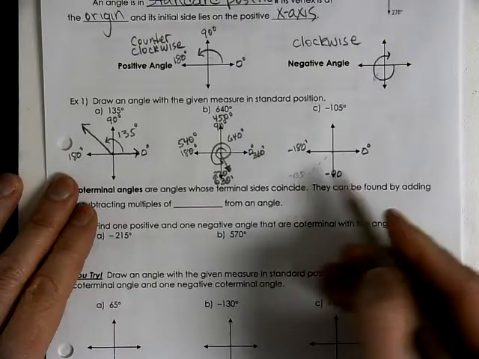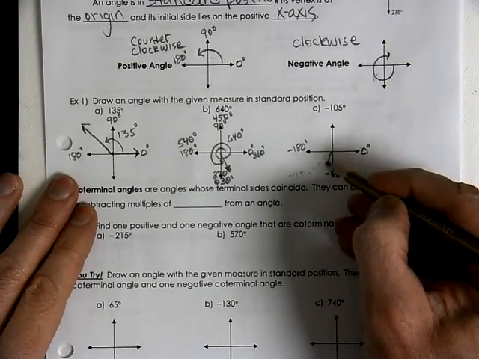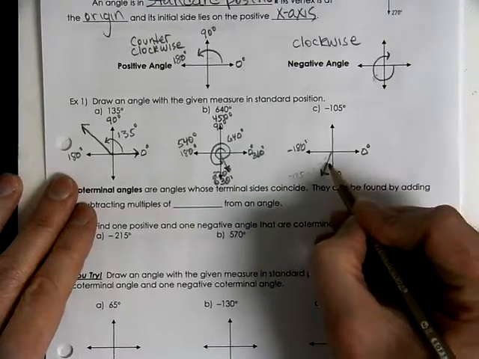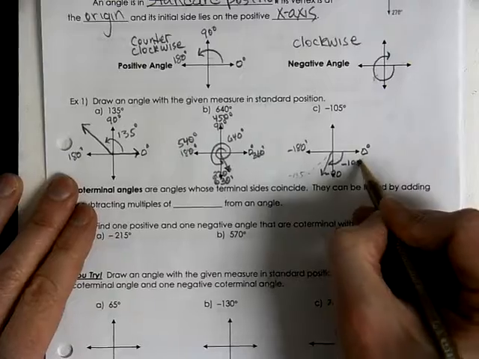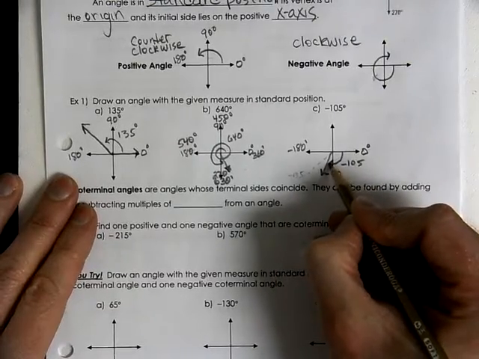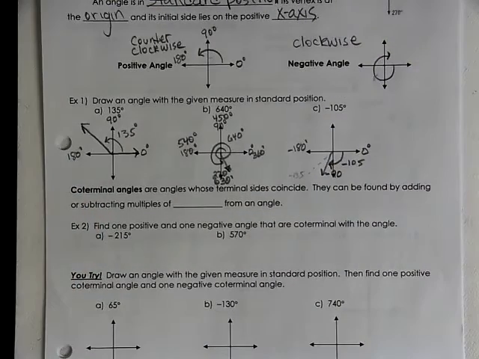So I'm going to be short of 135. I'm going to be down here at negative 105. Just an approximation, but we can be pretty accurate with our approximations.